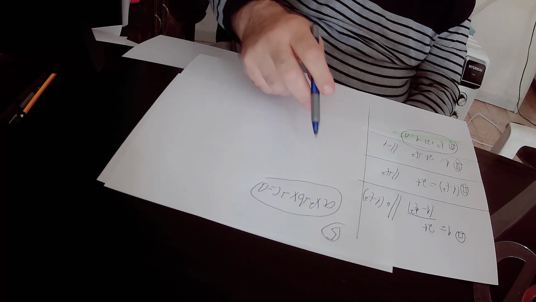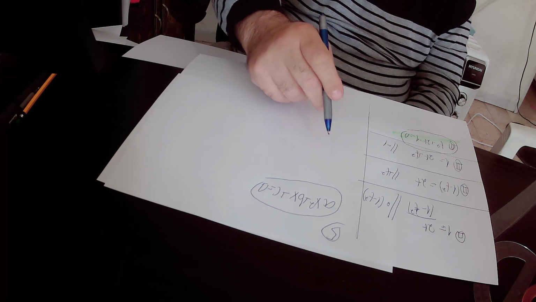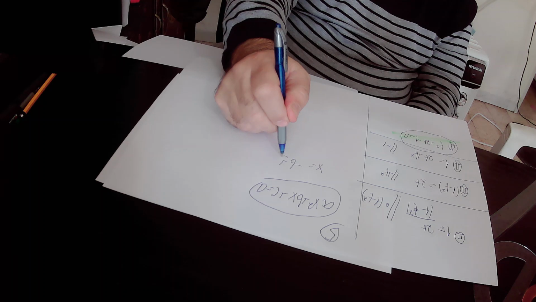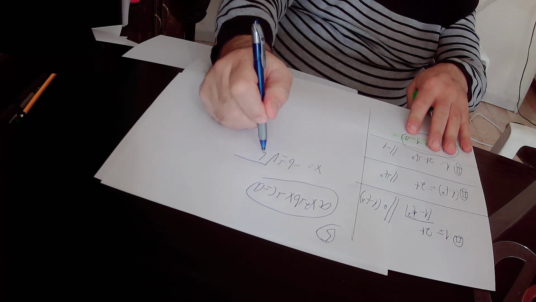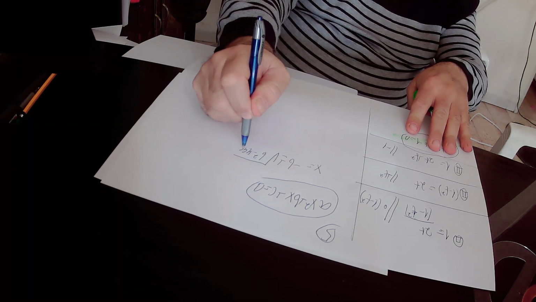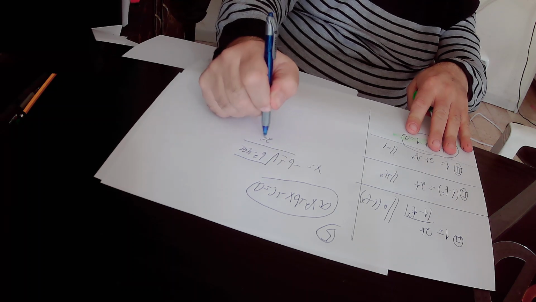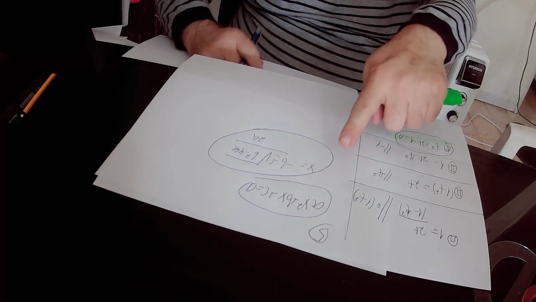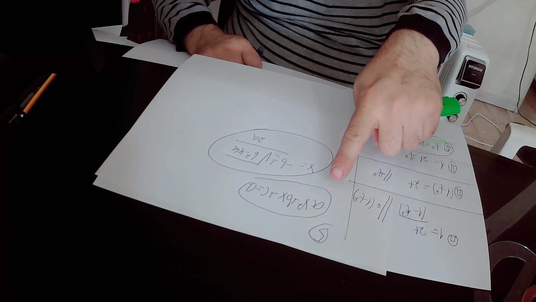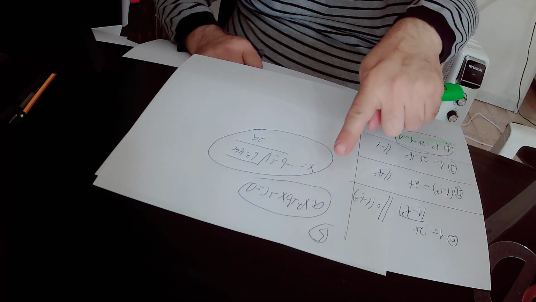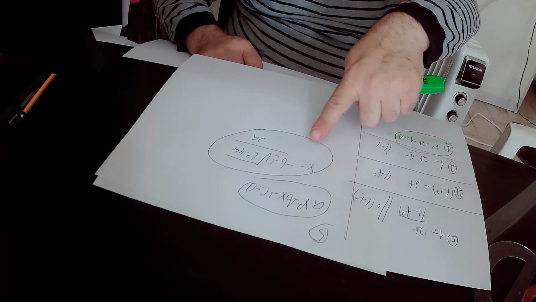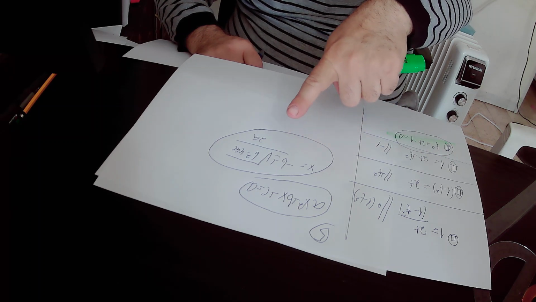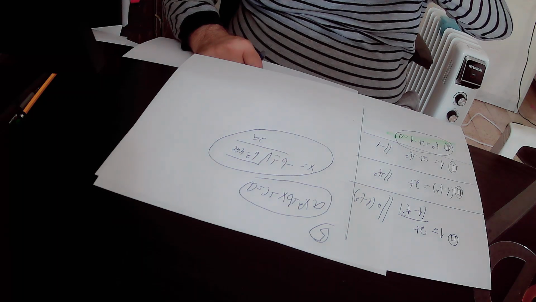And we'll find the value of x according to the following formula: x equals minus b plus minus the square root of b squared minus 4 times a times c over 2a. Repeat again that this is a general formula for a quadratic equation, and the solution is x equals minus b plus minus square root of b squared minus 4ac over 2a.